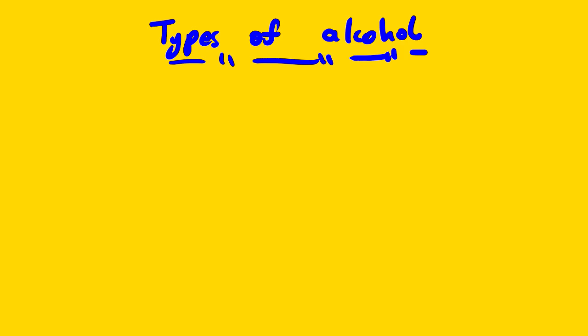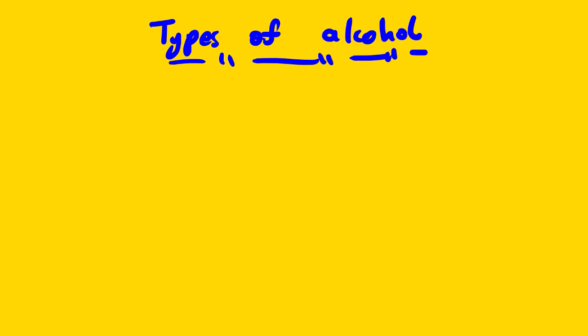If you understood the primary, secondary, and tertiary alkyl halides, it should be very simple for you to identify what type of alcohol we have. You should know that we have primary, secondary, and tertiary alcohol, and furthermore we have the phenols and also the enols.